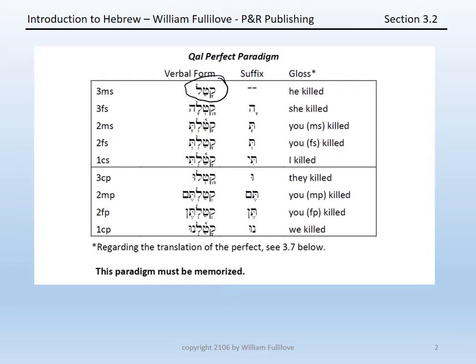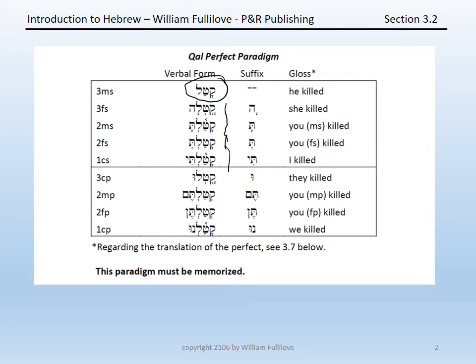Katala, the third feminine singular form, she killed. Katalta, the second masculine singular form, you, masculine singular, killed. Katalt, the second feminine singular form, you, feminine singular, killed. And katalti, I killed.